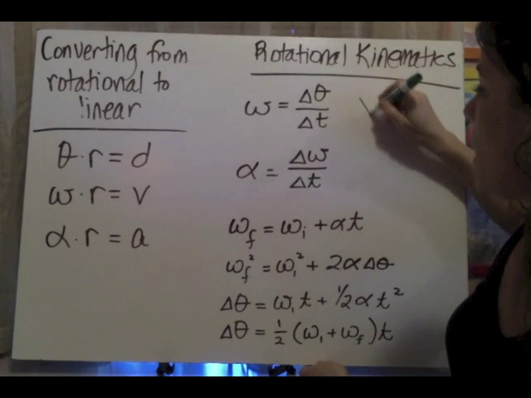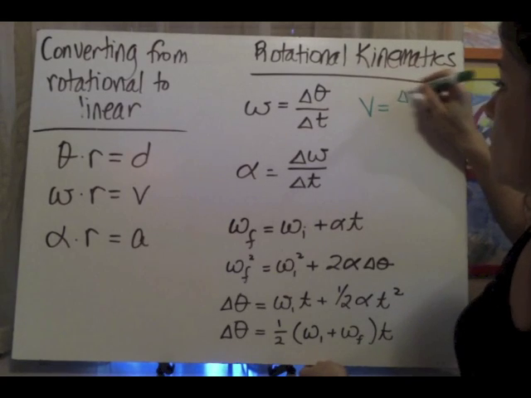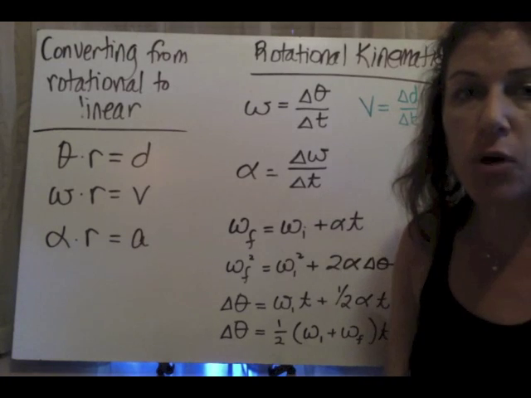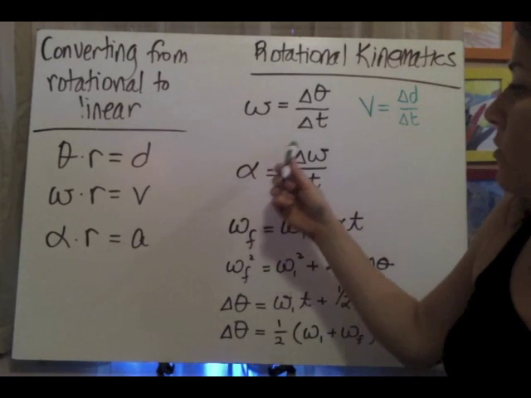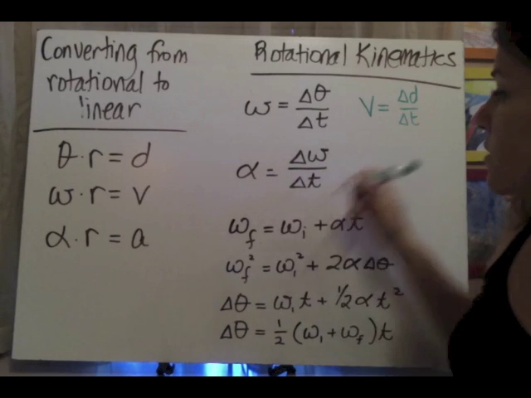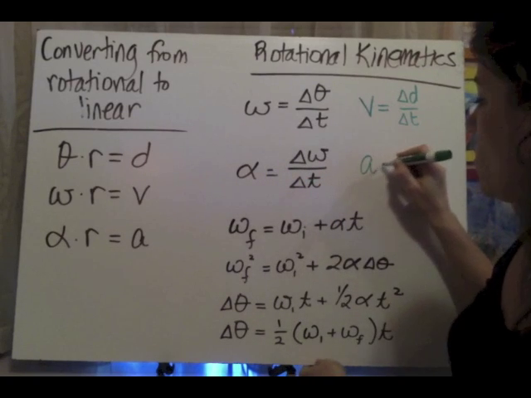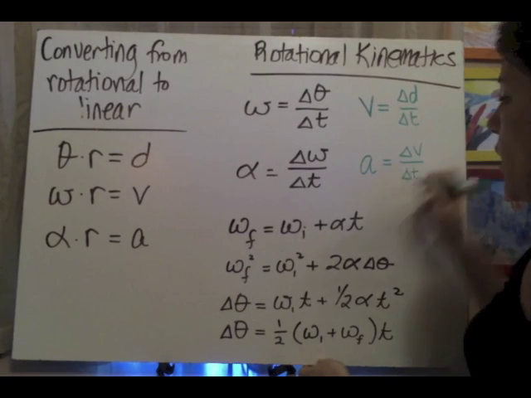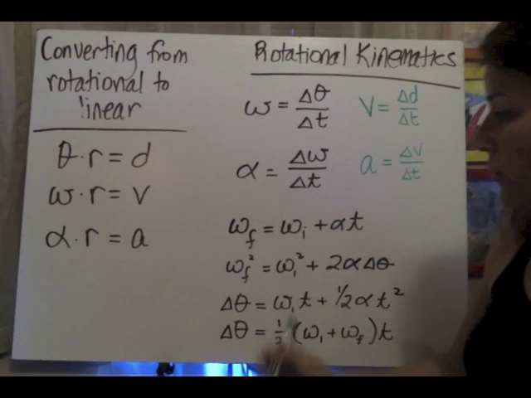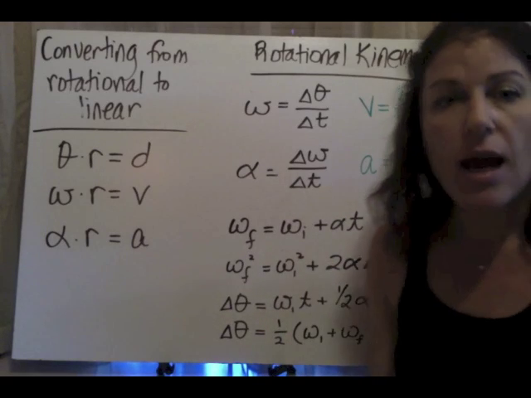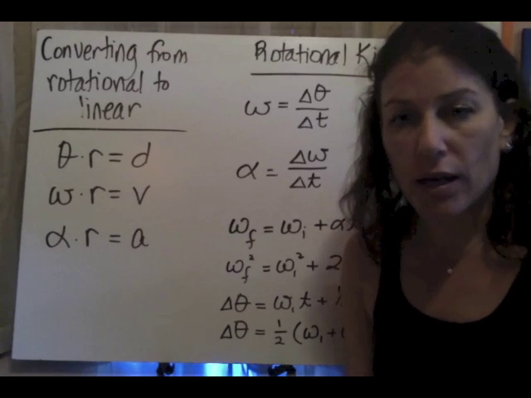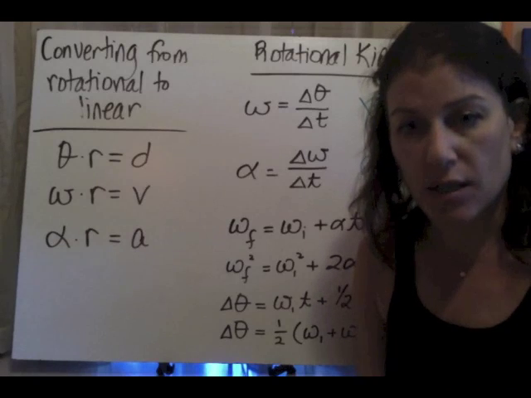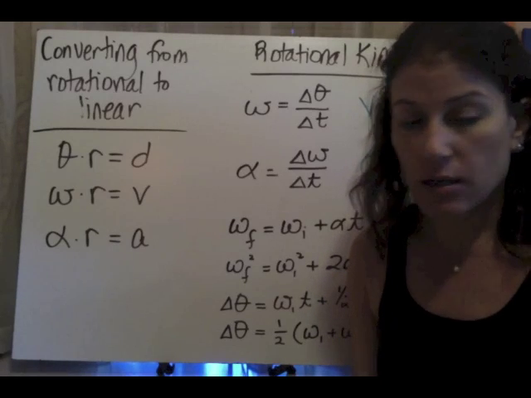Well, that's analogous to our constant speed equation that we use for linear motion. Alpha equals delta omega over delta t. Well, that's analogous to acceleration equals change in velocity over change in time. And you can do that for all of the kinematics equations. And they're used exactly the same way. You're just dealing with different units, radians, radians per second squared. But it's not any harder than that.